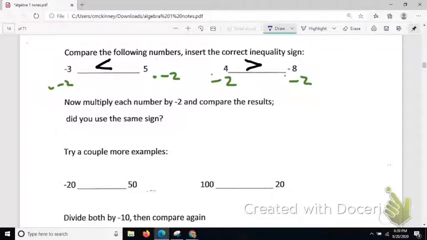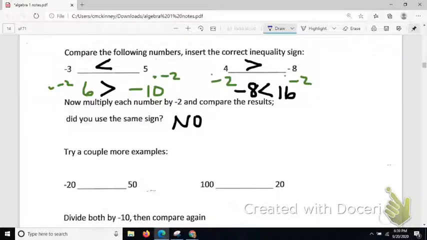Well, now this would be +6 and -10. Now, if I want to correctly compare those two, I would have to say that 6 is greater than -10. And over here, this would become -8 and +16. -8 is less than 16. So notice what happened. Were you able to use the same symbol, the same sign? No, right? I had to reverse the sign or it wasn't correct.